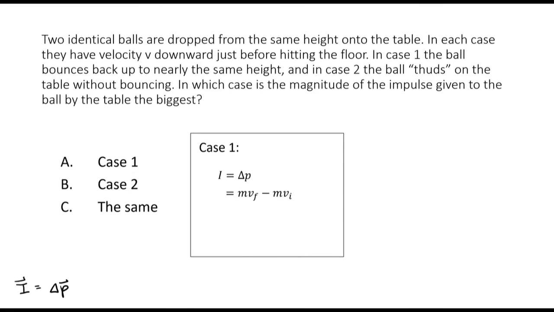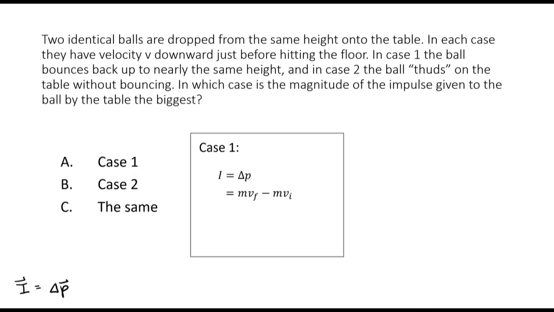That's the velocity right before it hits the table. And the final velocity, it's going to bounce back up off of the table. And so actually the final velocity as it bounces back up is going to be some value of v, but it's going to be going in the opposite direction as before. So the initial velocity is downwards. The final velocity is upwards.